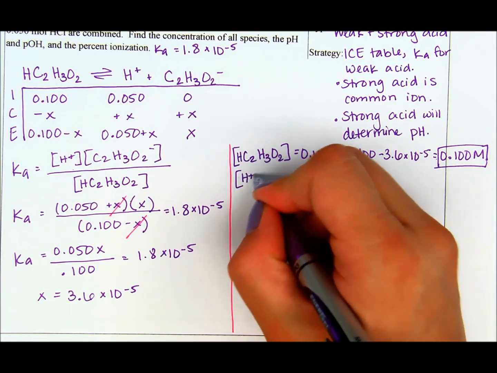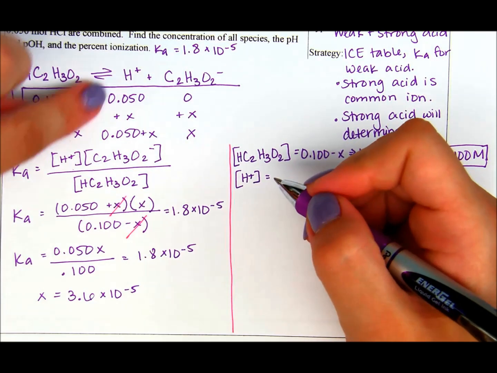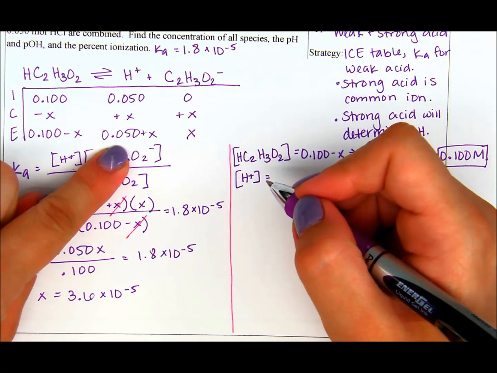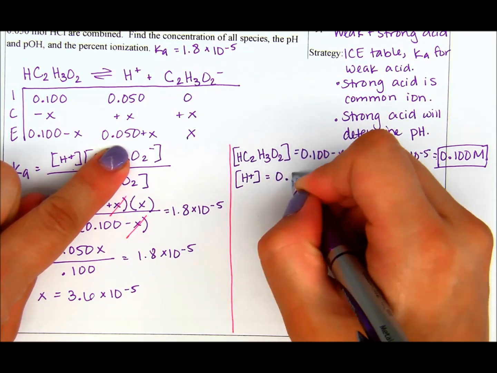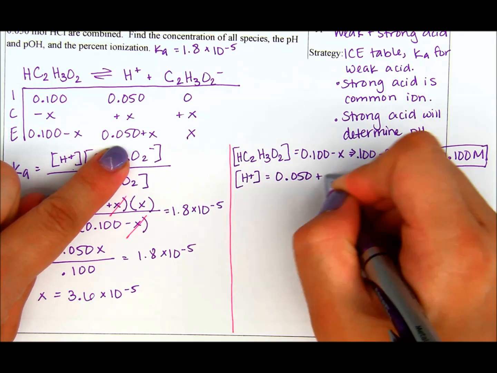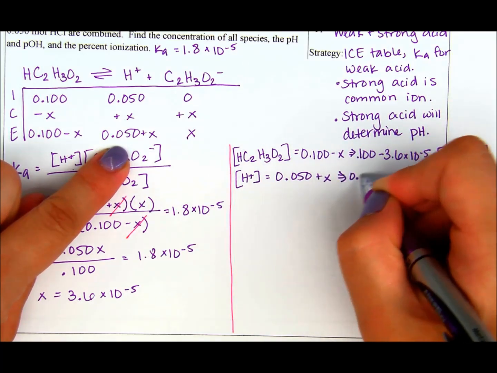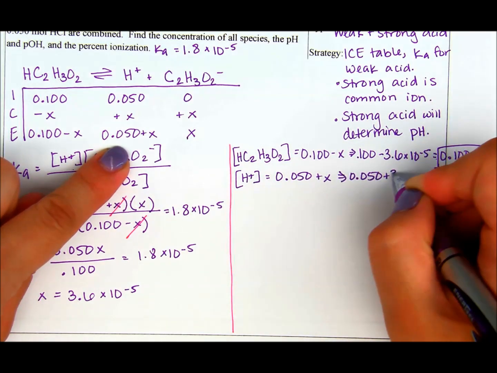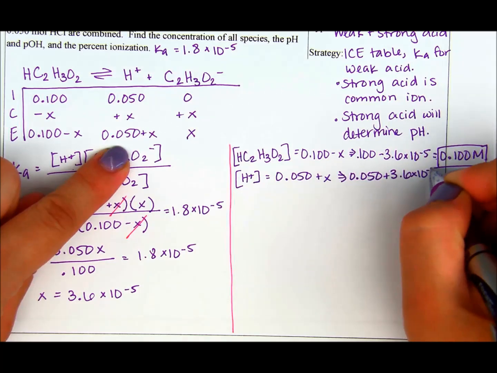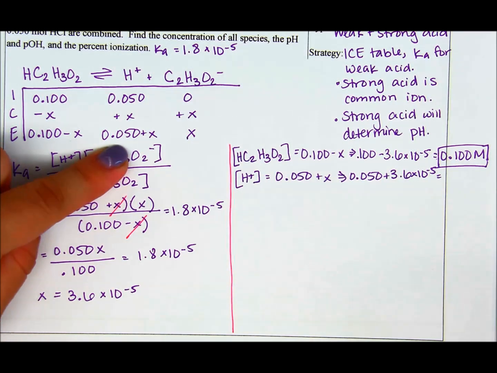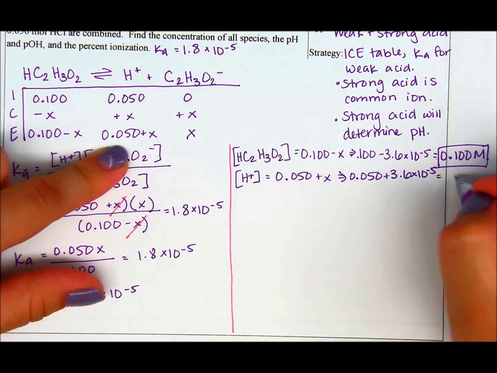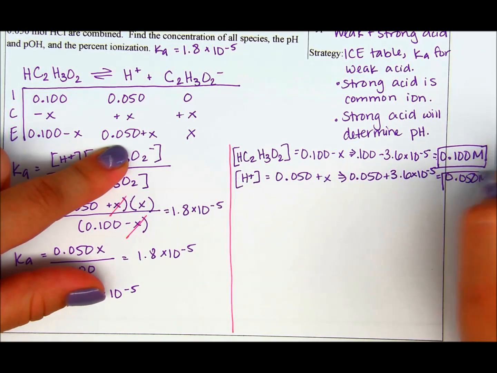The H plus concentration equals, let's see, H plus at the end, 0.050 plus X, so 0.050 plus 3.6 times 10 to the negative 5. And I'm sure you can already see what's going to happen here, and that this is 0.050 molar.